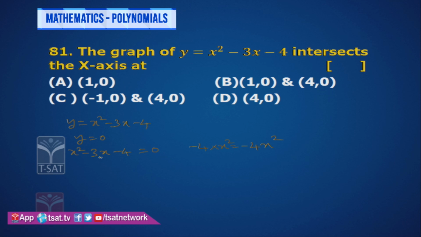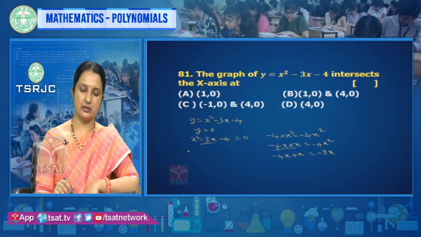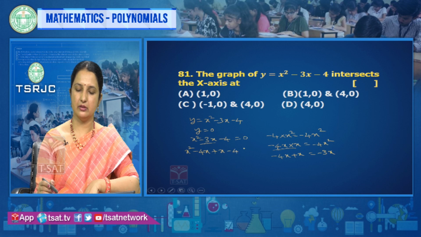Next you should split this. How can you split? Minus 4x into x, you will get minus 4x squared only, no? When you add this, you will get the middle term. In this way you have to split: x squared minus 4x plus x minus 4.